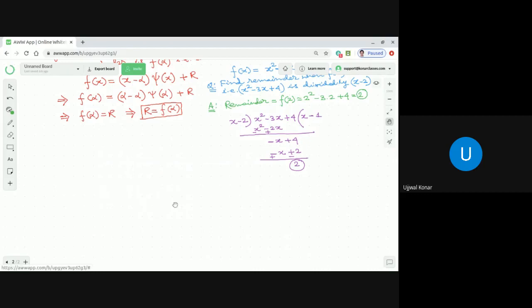Did you get the question? If 3x square minus 7x plus 11 is divided by x minus 2, then find the remainder. I want you to find the remainder.